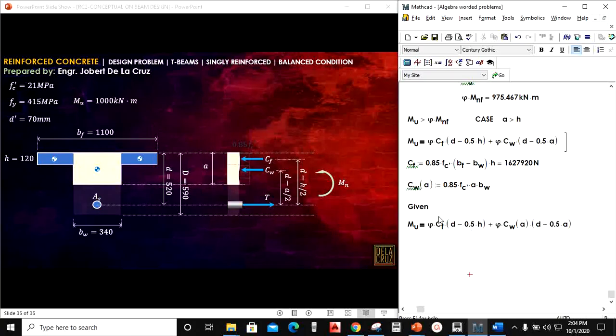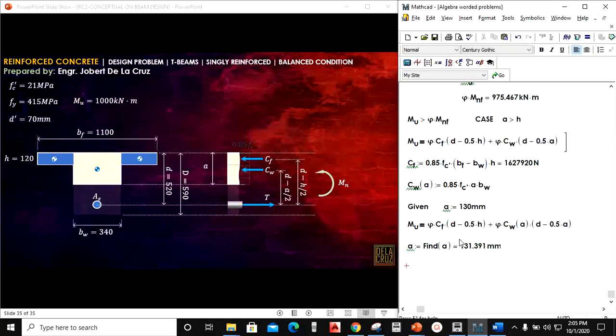Okay? So, again, you can do shift solve, and I can do here, I will assume value of A that is greater than H. Let me say 130 millimeters. Okay? By doing shift solve, I will find the value of A, and that is 131.